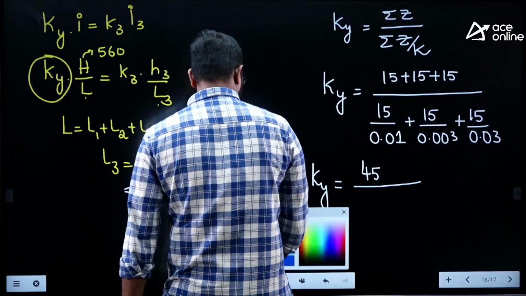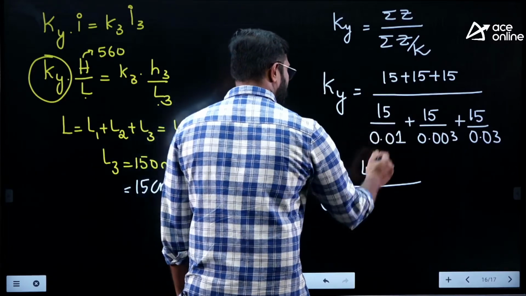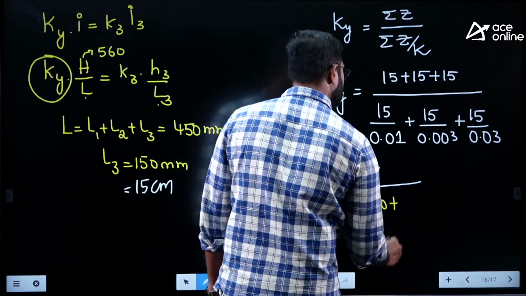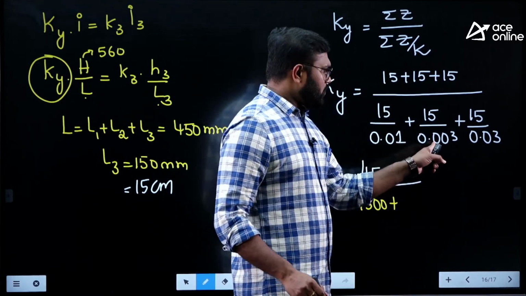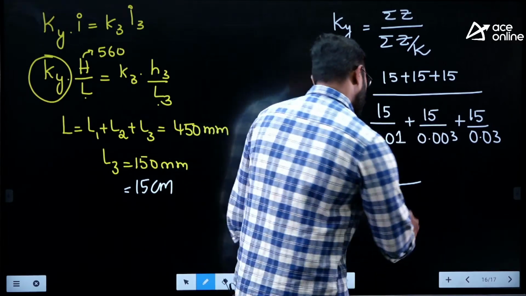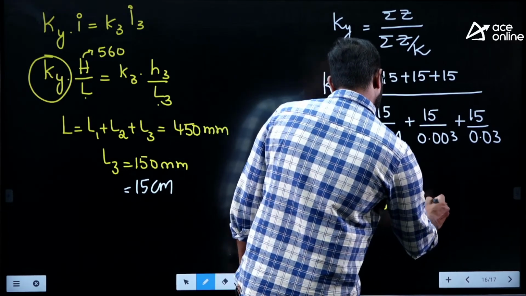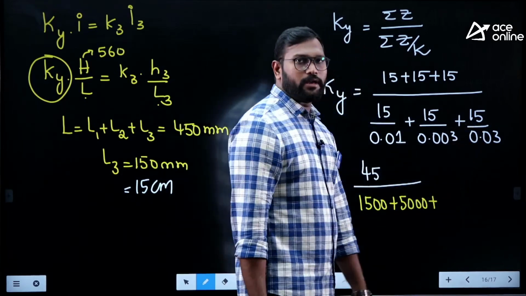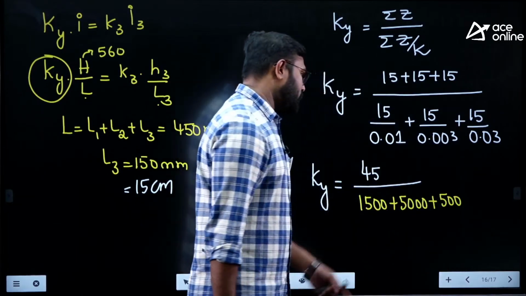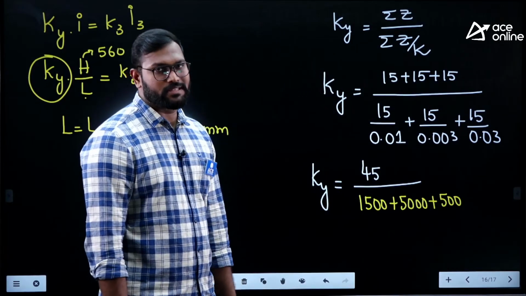Okay, so don't take out anything. 15 by 0.01 is 1500, plus 15 by 0.003 is 5000, plus 15 by 0.03, which again comes as 500. 1500 plus 500 is 2000, 2000 plus 5000 is 7000.